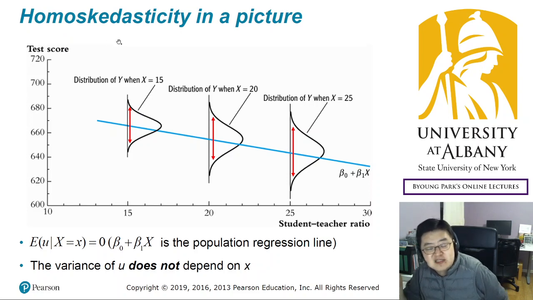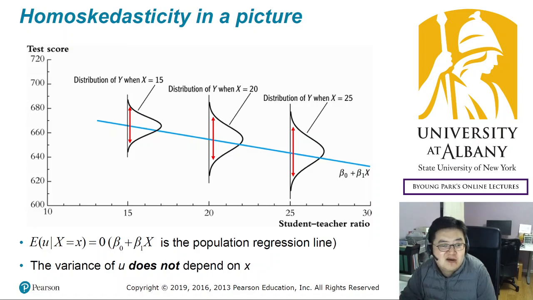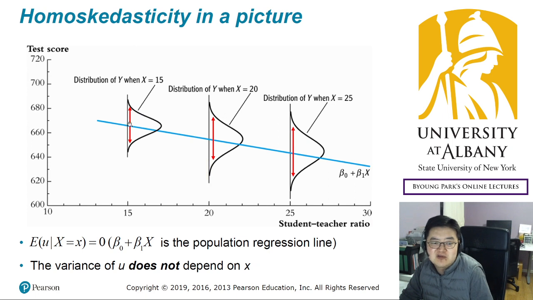I'm following the textbook, but I cannot agree with the textbook's interpretation. I think it's not clear. So the picture is not clearly homoscedastic or heteroscedastic.